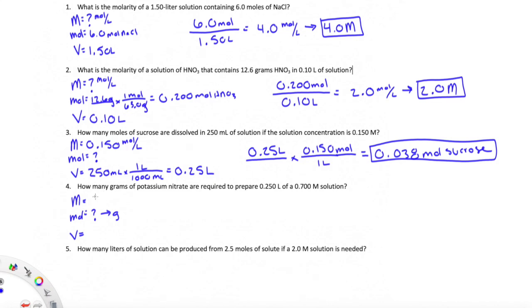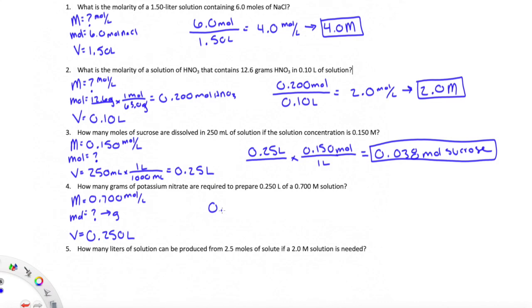The molarity of this solution is 0.700 moles per liter, and my volume is 0.250 liters. Okay, and again, these are my single unit numbers. My volume is in liters, and my moles is in moles. So I'm going to go ahead and start with my volume for this calculation.